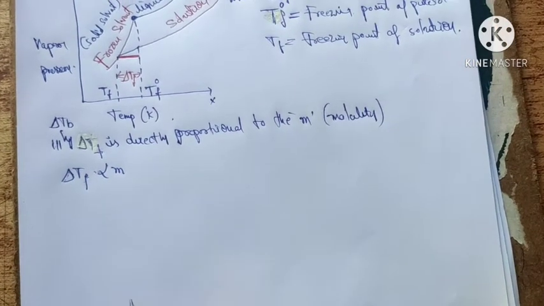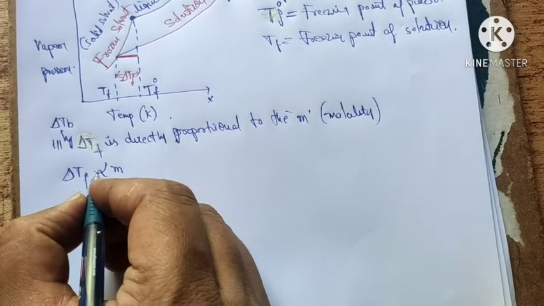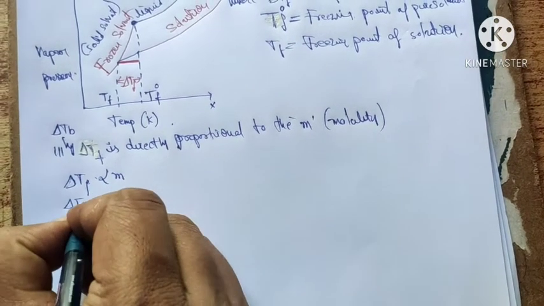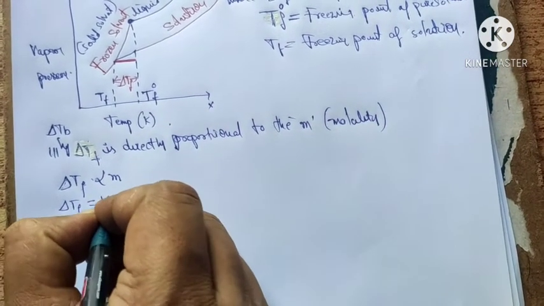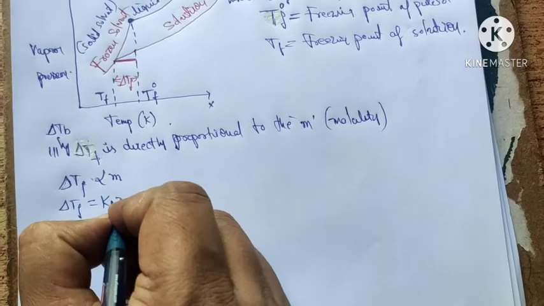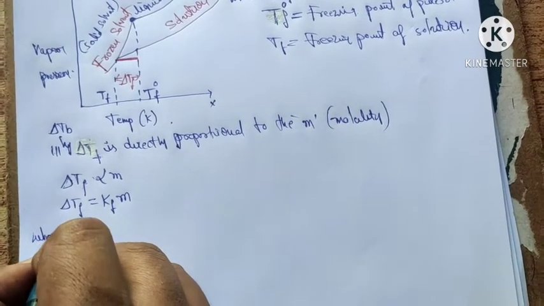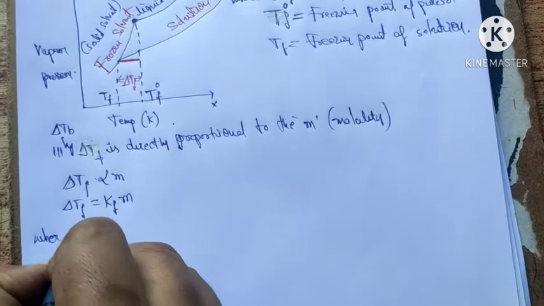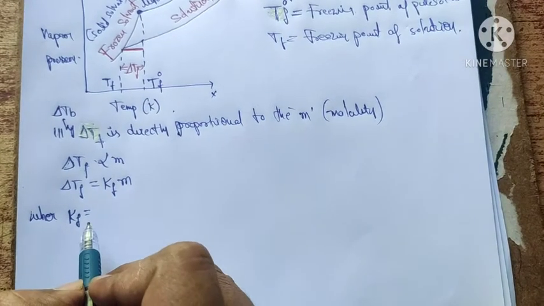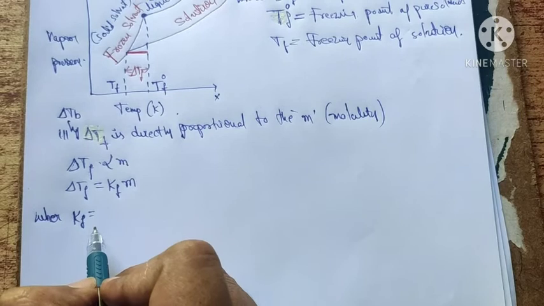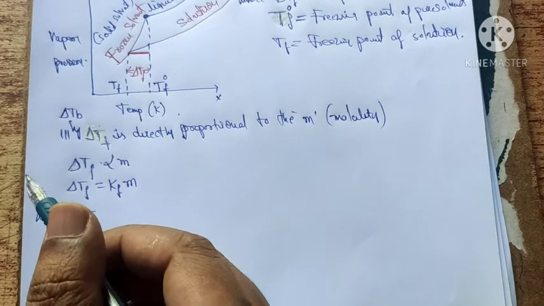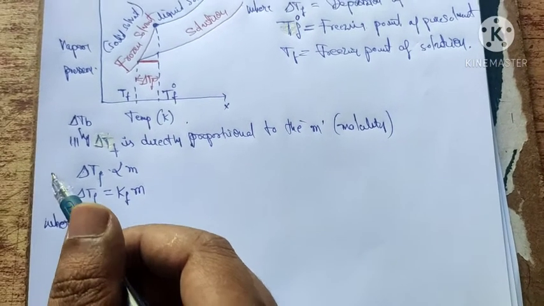So removing the proportionality, we get delta TF is equal to KF m, where KF, as similar to KB, which is the ebullioscopic constant or elevation constant in elevation of boiling point.